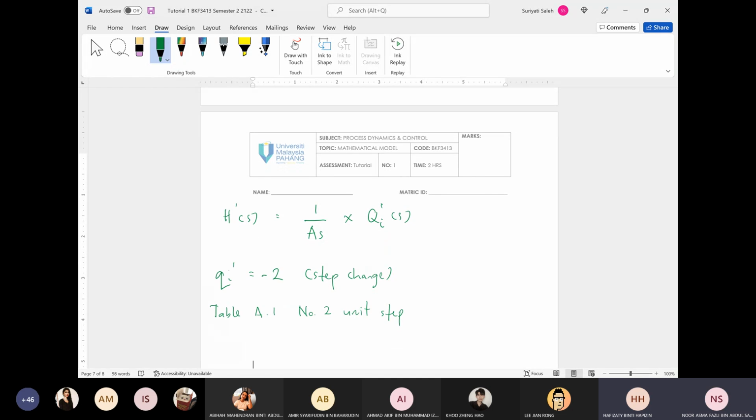Whenever you have a step, the Laplace transform will be converted into 1 over S. This is the default value.